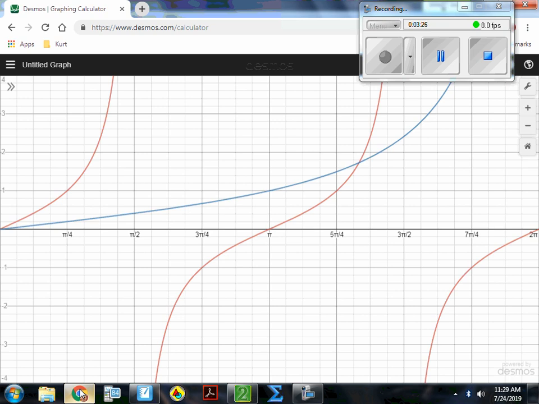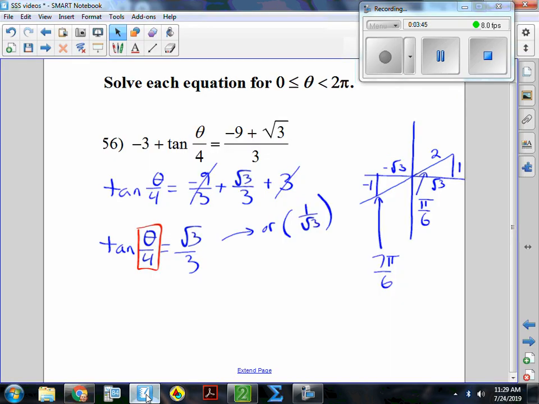So there's 4 kind of parts to the tangent curve on the original tangent theta. The blue graph is tangent theta divided by 4. So it takes 1/4 of the entire curve from 0 to 2 pi. So it took that first red curve in the top left and stretched it all the way out from 0 to 2 pi. So that's what's going on the graph. Which means that when we look at our equation, we're wanting to know where does tangent equal 1 divided by root 3. That decimal.